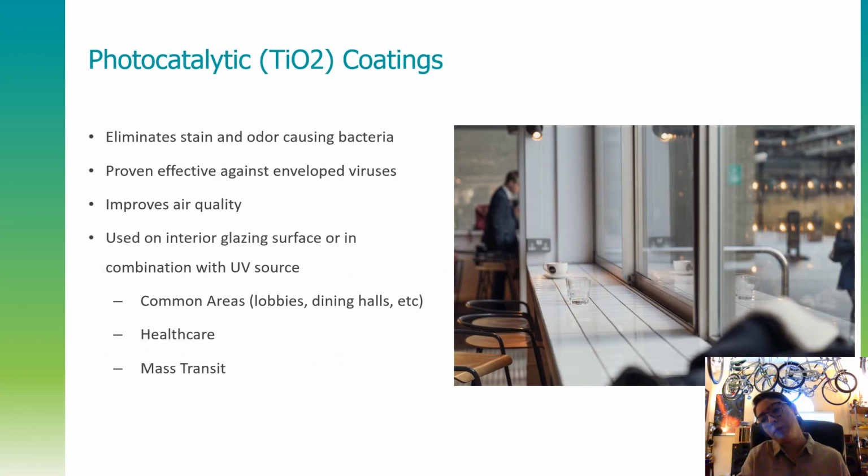So whenever we look at our photocatalytic coatings, we're really aiming to use it as an interior glass surface because it can be very large scale and it's a pyrolytic coating, so it's very durable, can be bent, and can be processed the same as essentially most uncoated glass products. And so really for these kinds of situations where there are people coming in contact with this interior surface of the glass, through photocatalytic deactivation, in the same way that silver and copper did, it can eliminate stain and odor causing bacteria.